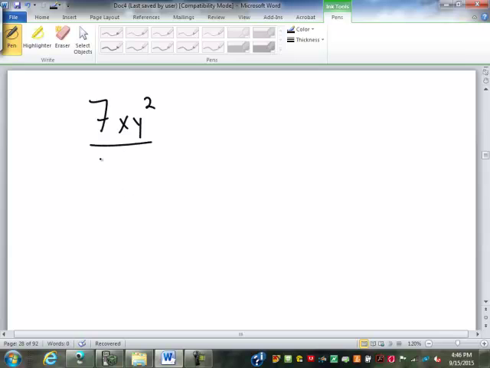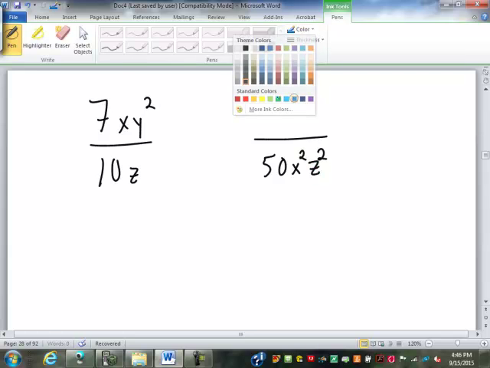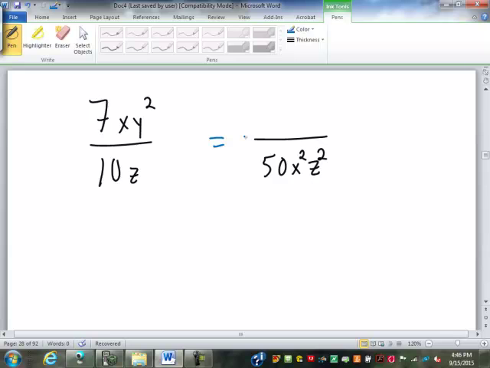So if I have 7xy squared over 10z, and I need a denominator of 50x squared z squared. Again, I'm going to start with the numbers. To turn the 10 into the 50, what do I have to do? Times 5.